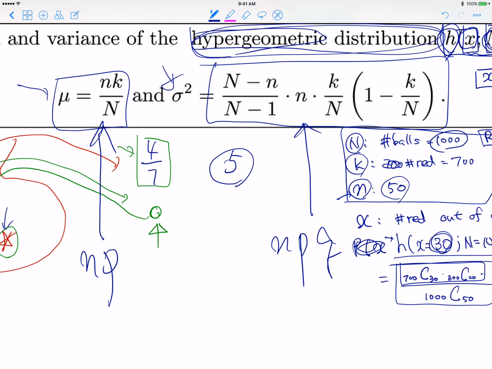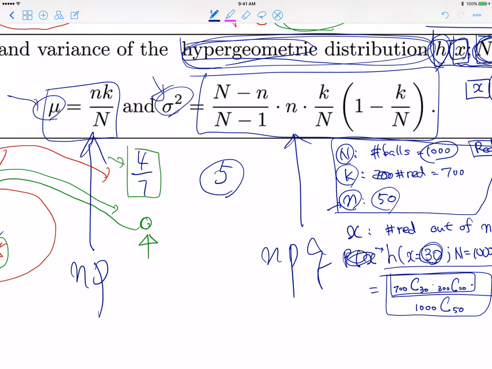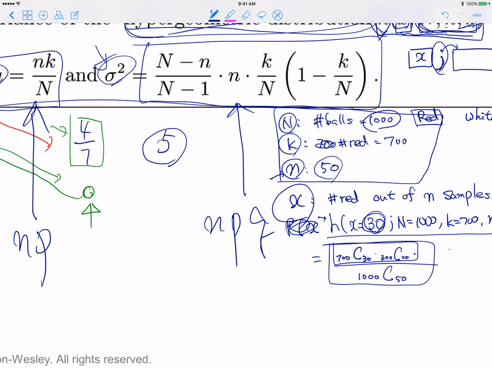Okay, so in this case, mu and sigma squared, which are the mean value and the variance of this hypergeometric distribution, are defined in this form. So x is our variable that can change its value, but capital N, k, and small n are the fixed parameter values.